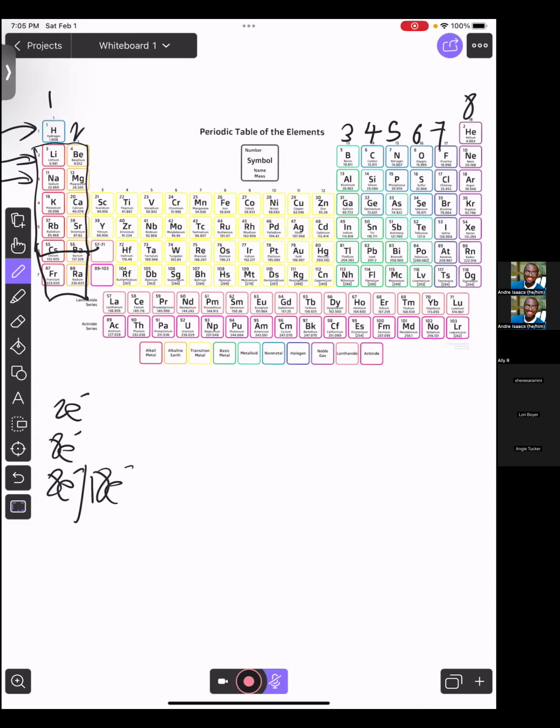That's why we always have lithium plus, sodium plus, potassium plus. All of those metals in the first column will be positively charged. The same with the next column: beryllium will be 2+, magnesium will be 2+, calcium will be 2+.